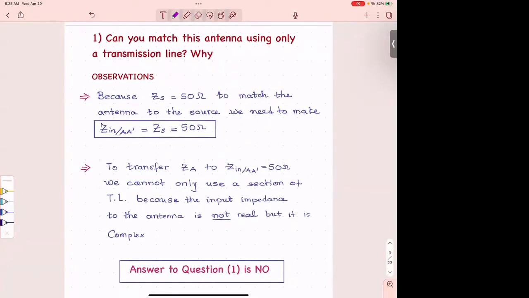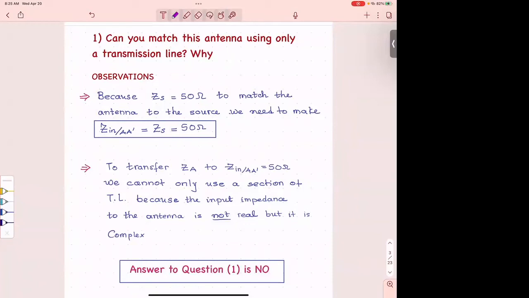So can you match this antenna using only a transmission line? Because ZS is 50 ohms, to match the antenna to the source, we need to make the input 50 ohms, as we have talked about, for maximum power transfer. To transform ZA to 50 ohms, we cannot use only a section of line because the input impedance is not real.